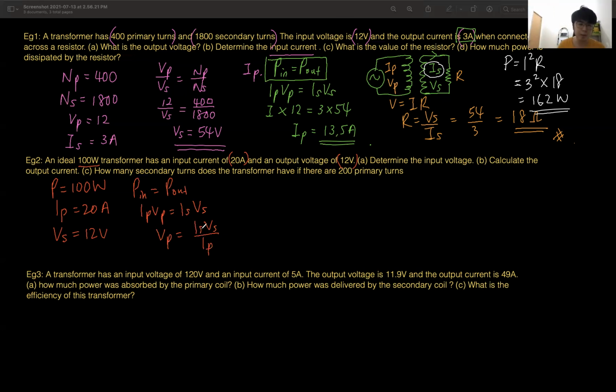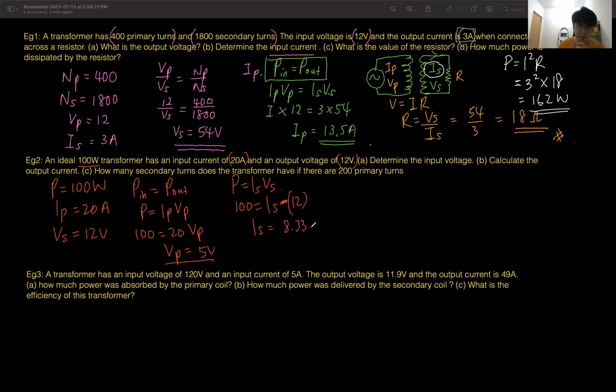But we can't find this, because we don't know IS. We can do it directly with the primary power: power equals primary current times primary voltage, so 100 equals 20 VP. So VP is 5 volt. B, calculate the output current. Same, I use P equals I secondary V secondary. So 100 gives 8.33 ampere.